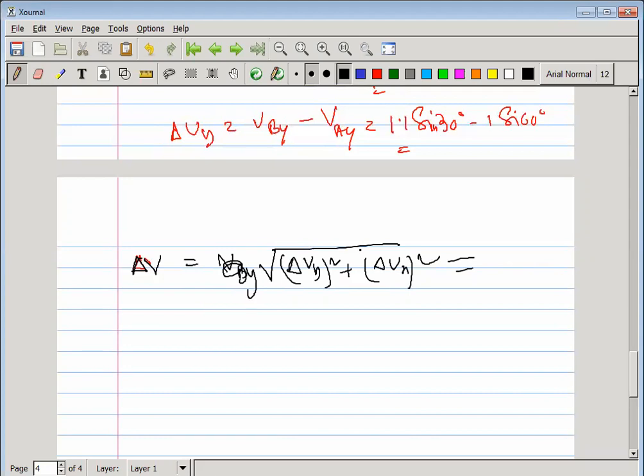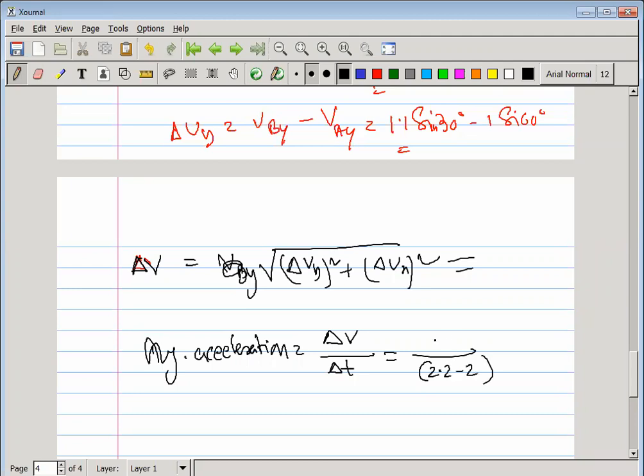As the question asks, the average acceleration is nothing but the relative velocity divided by the time it spends. The time is 2.2 minus 2, and delta v is what you get from here.